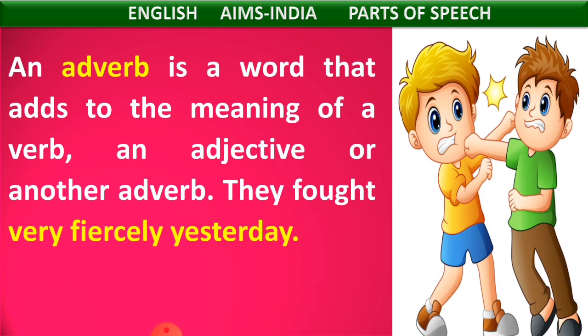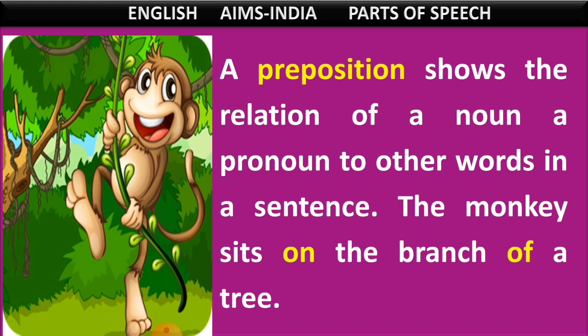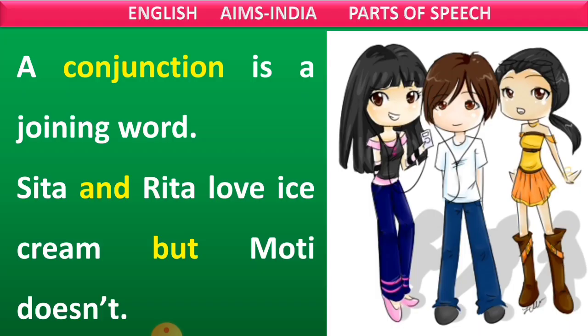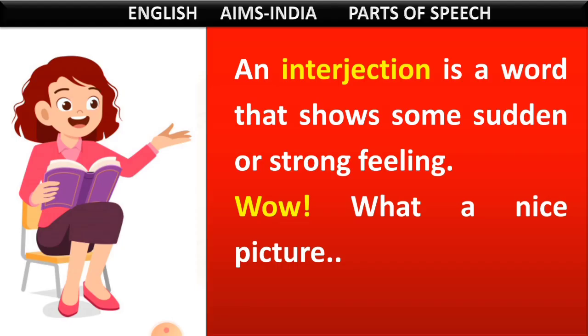An adverb is a word that adds to the meaning of a verb, an adjective or another adverb. And preposition. A preposition shows the relation of a noun or pronoun to other words in a sentence. Then a conjunction. A conjunction is a joining word. Interjection, the last one. An interjection is a word that shows some sudden or strong feeling.